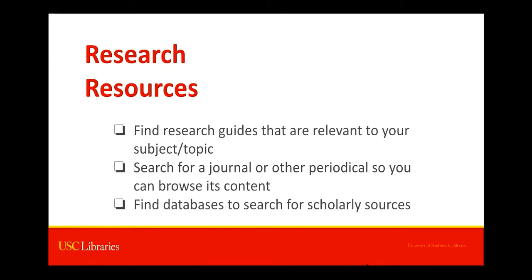We've put all of the recommended resources for that area, for social work research, for example, onto one guide. I'll also show you how to search for a journal or any other periodical. That also includes newspapers. So outside of what I just shared, going to a direct newspaper database, you could also just search a specific newspaper like New York Times or Los Angeles Times, and browse its content directly. And then I'll show you how to find databases to search for your scholarly sources.